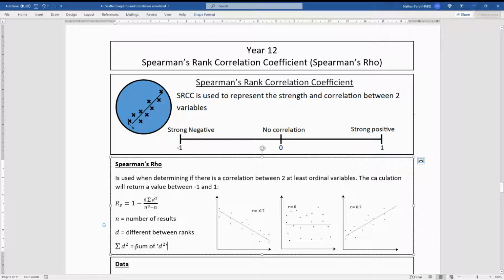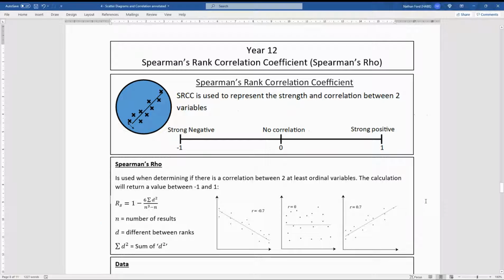It means sum of. So sigma d squared means the sum of all of the d squareds. It's a nice way for us mathematicians to write the sum of lots of things.